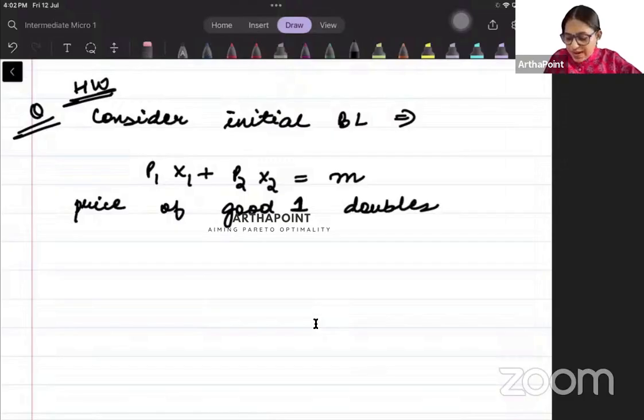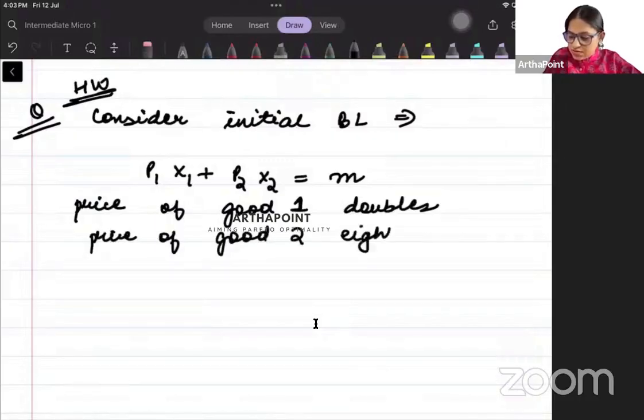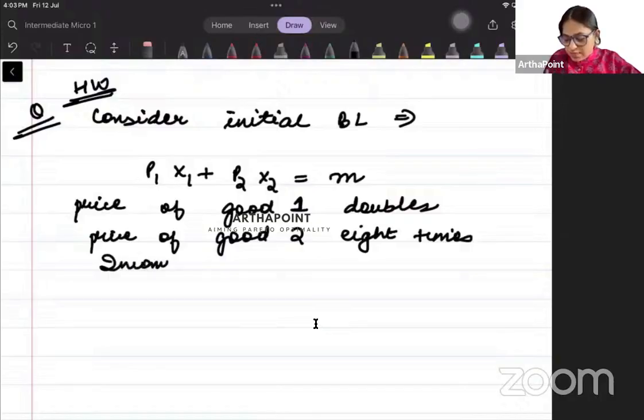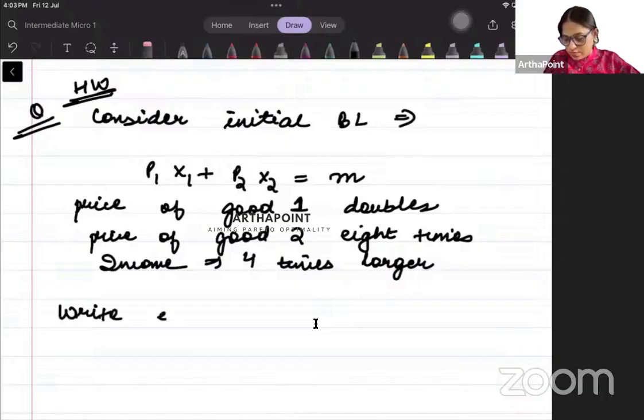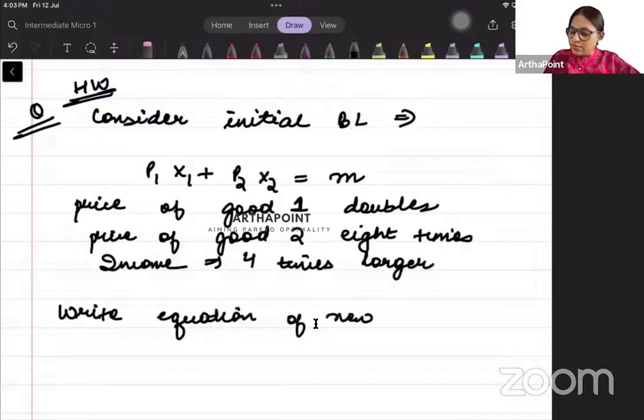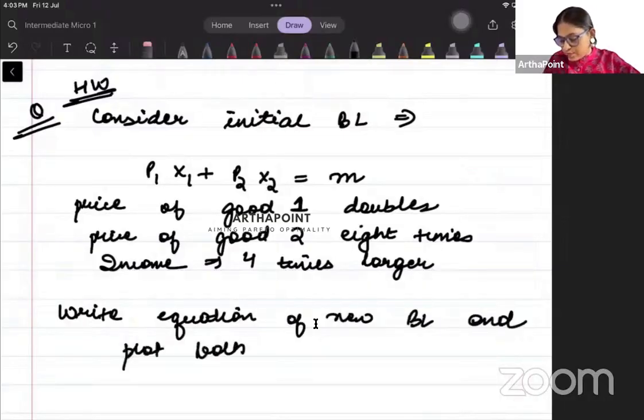The price of good two becomes 8 times. Income becomes 4 times larger. Write the equation of the new budget line and plot both budget lines.